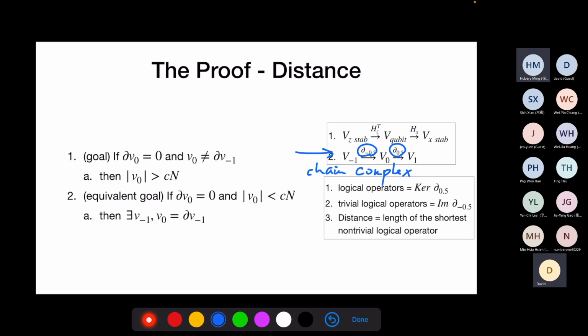So the mu0 and mu-1, do they correspond to some matrix you want in the error correction you want to find, or is it the partial? V0 corresponds to some vectors inside the V qubit, so that corresponds to some Pauli string.